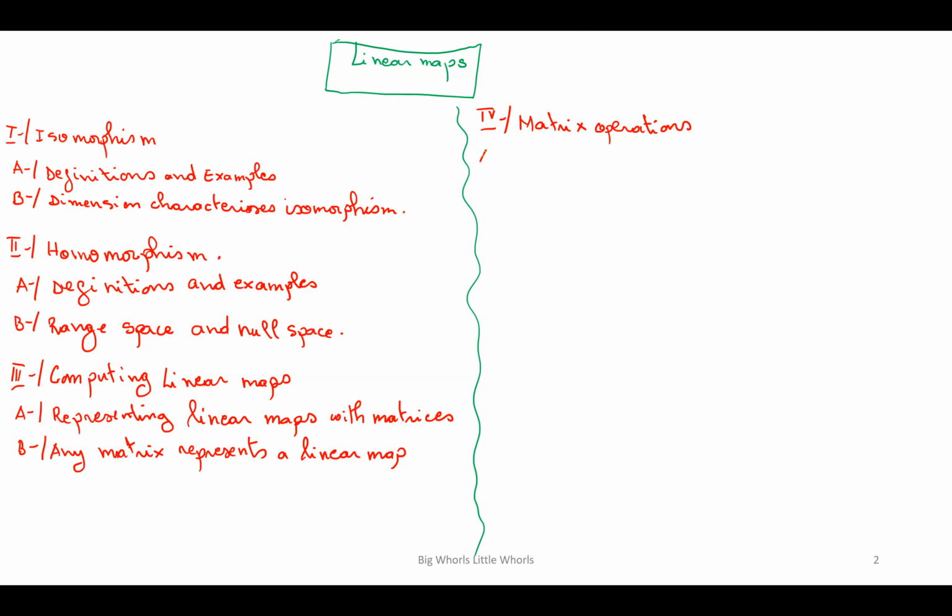Here we have several sections. The first section is about sums and the scalar product. So how do we add two matrices together, and how do we multiply a matrix by a scalar? In the second section, we will see how we multiply two matrices together. So, matrix multiplication.